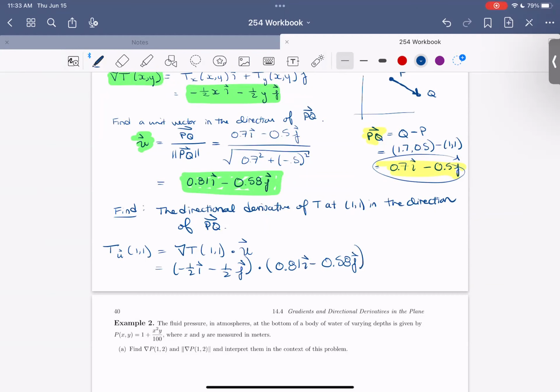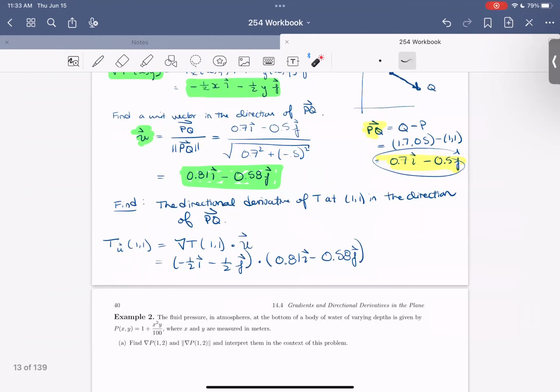When we do that, we multiply corresponding components and then add the results together. So we should be getting 1/2 times 0.81 minus 1/2 times negative 0.58. I'm running out of room here, but you can check my work: it's about negative 0.12. And again, our units are going to be degrees Celsius per centimeter.